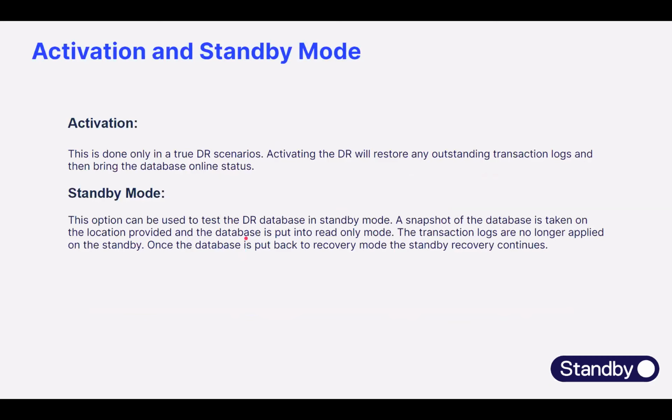And of course, activation and standby mode. Activation is basically the core feature of this product because it activates the standby database in case of a disaster. I will show you how it works, just so you get the feeling how it will behave. Again, you could make it automated, but I know not so many people like to use automated activation.